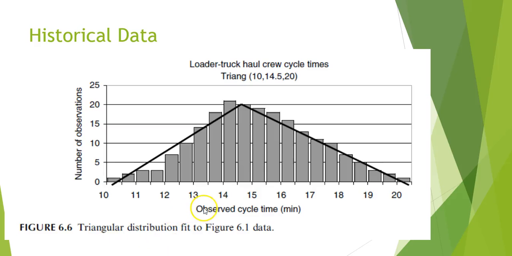Again, you can fit that triangular distribution to that set of data. Remember, you gained these pieces of data by taking a stopwatch or video camera and watching activities, a loader truck crew working, and measuring how long it took for them to do each cycle, and then building a chart up.